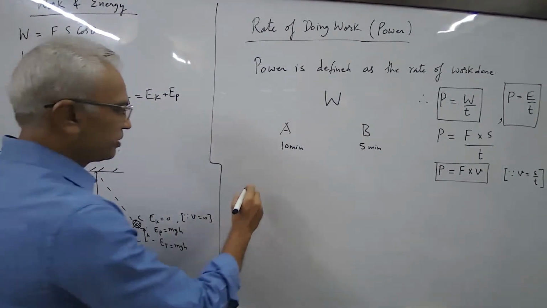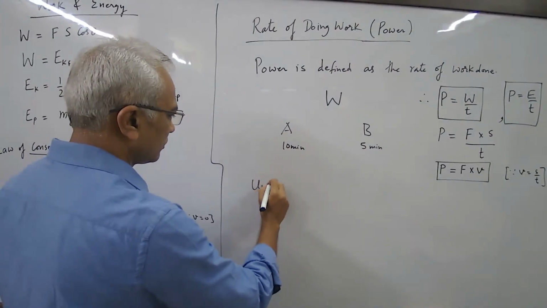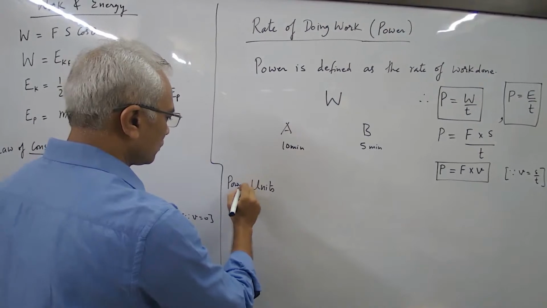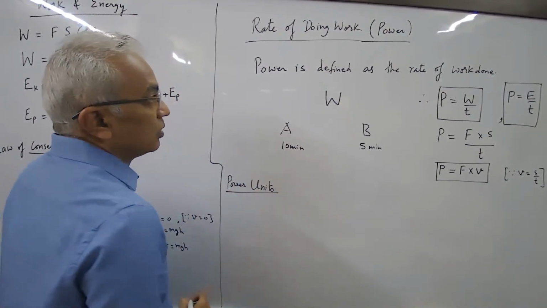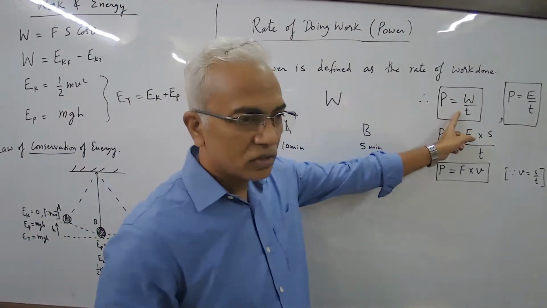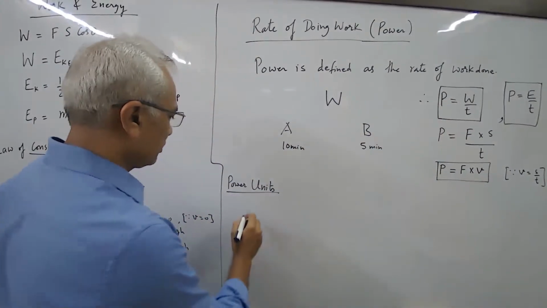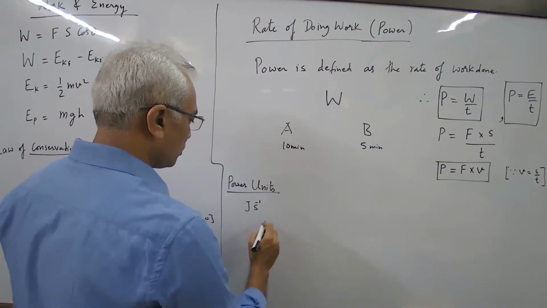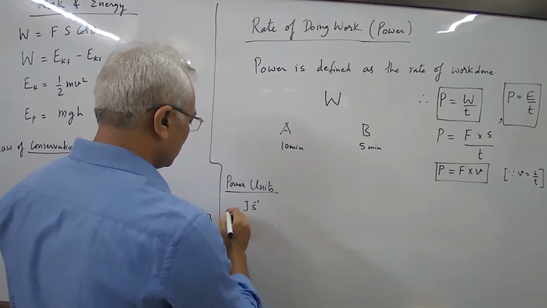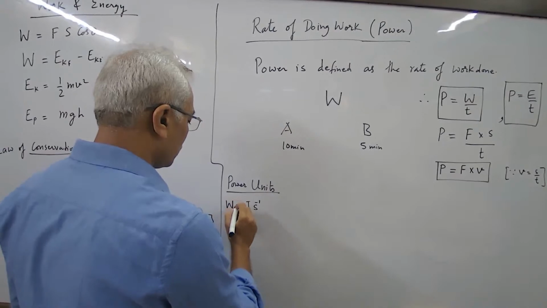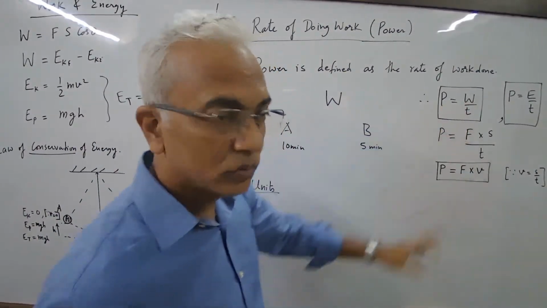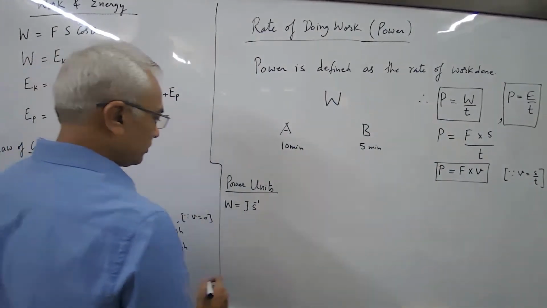So what are units of power? W by T is joules per second. This is also called watt. So unit of power is watt. Watt is equal to joules per second.